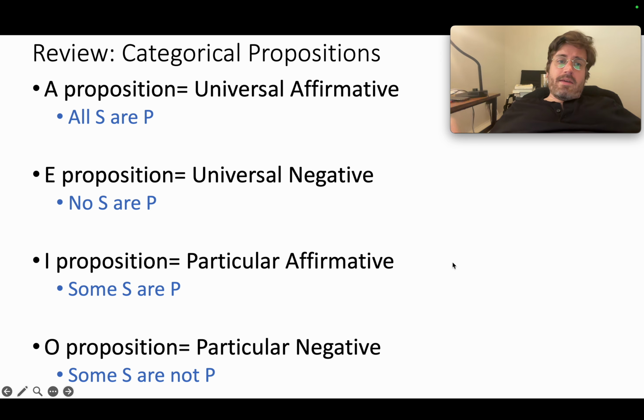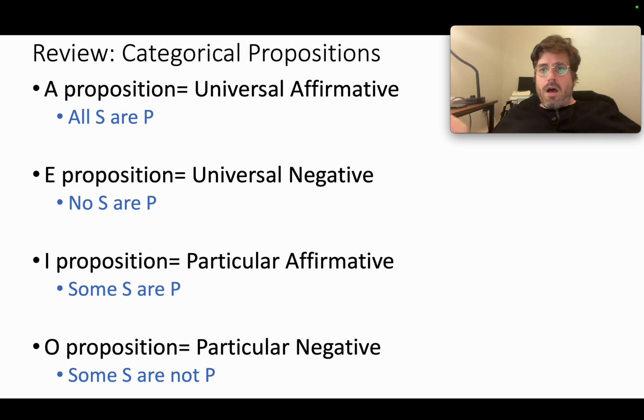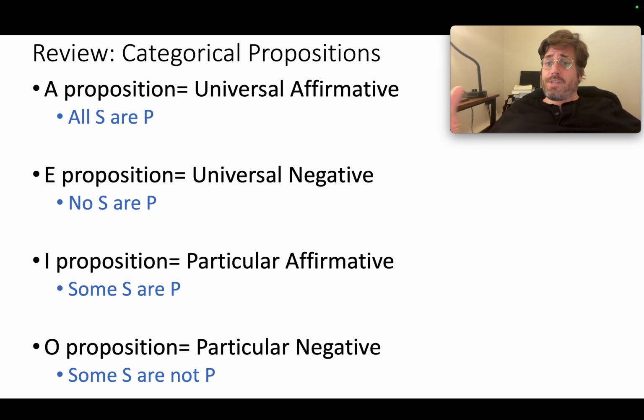So A, E, I, and O are the four categories, and the good news is that that's really the full set, as it were, in categorical logic that we're going to be exploring. Once you've committed these to memory and have an understanding of the relationship of S to P in each one, you'll be in very good shape for moving forward with the subsequent problems.